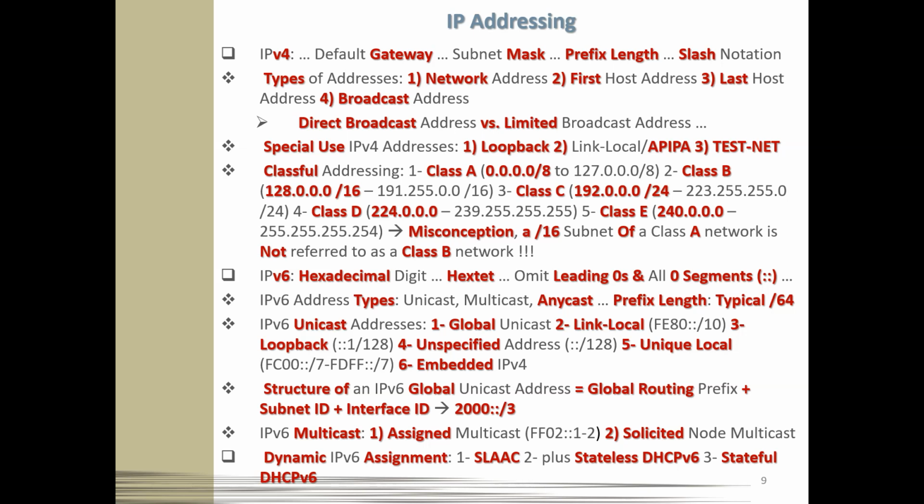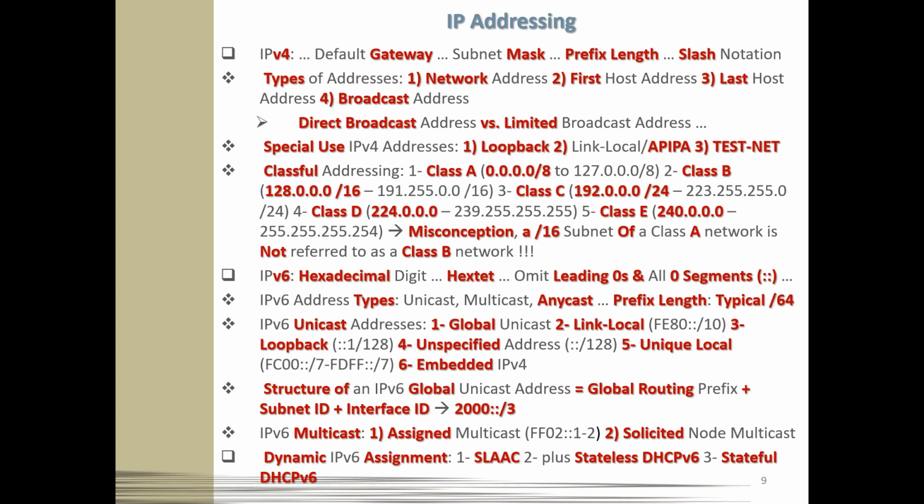We have two types of broadcast addresses with IPv4. Remember, we have direct broadcast address versus limited broadcast address. When I'm talking about 192.168.10.255/24, I'm talking about the direct broadcast address for that specific subnet.